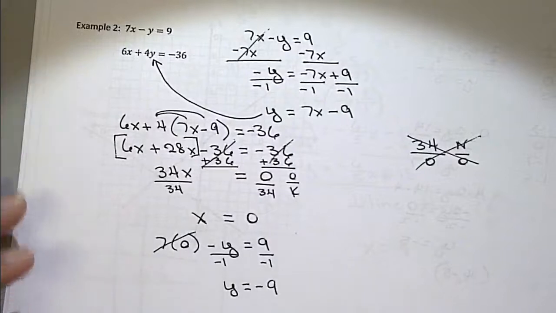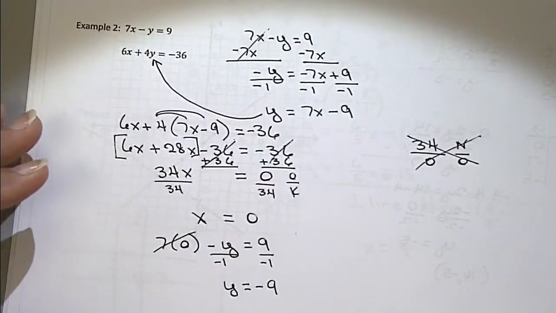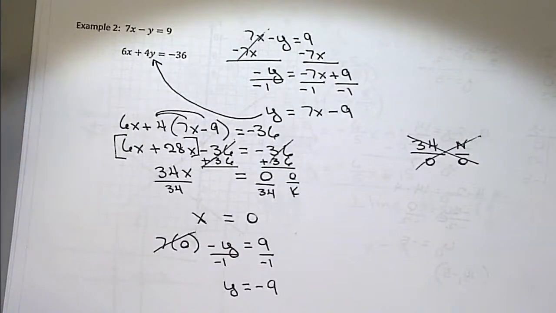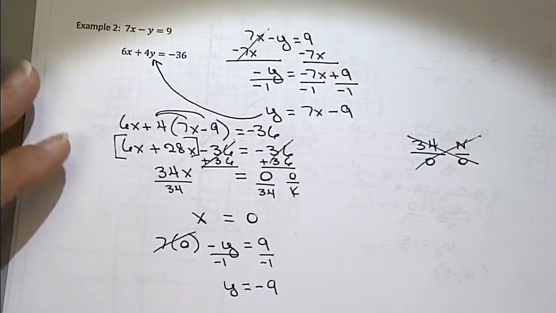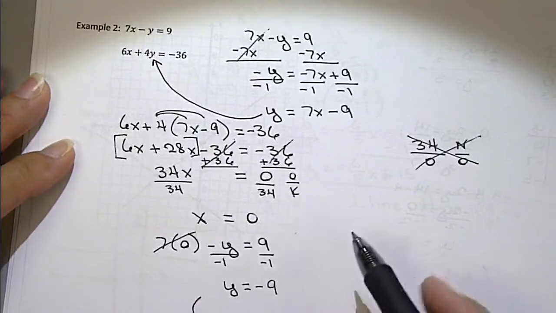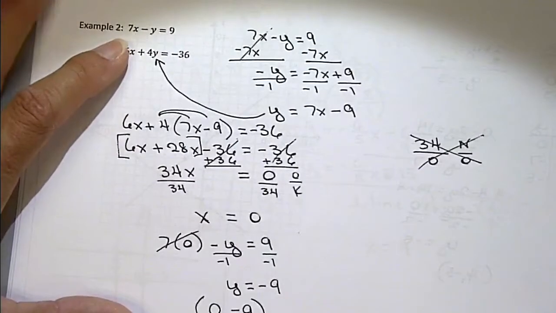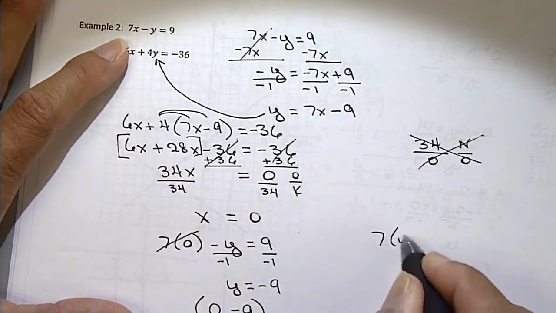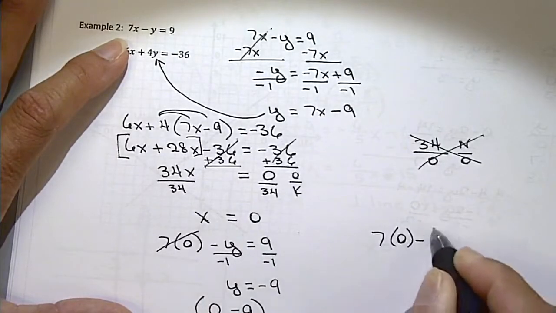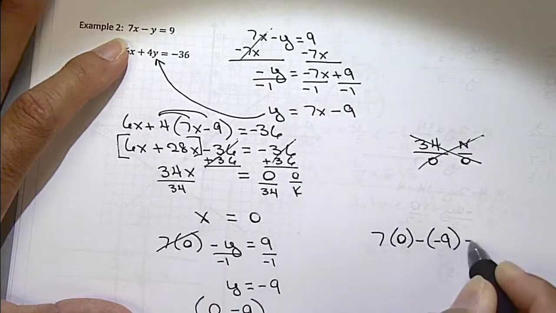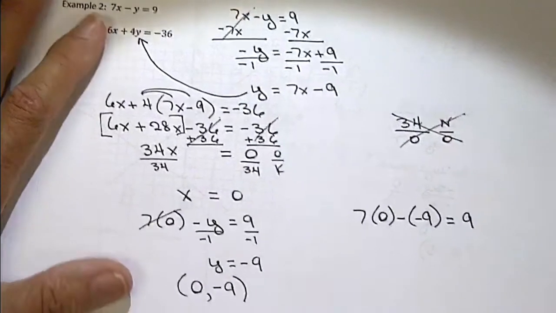Now, I didn't check the solution in the last one, but checking the solution is the next part, to see if you got it right, okay? What point do I have here? Well, the x coordinate is 0, and the y coordinate is negative 9. Plug it into one of these equations. If I said 7 times 0 minus a negative 9, would that equal 9?